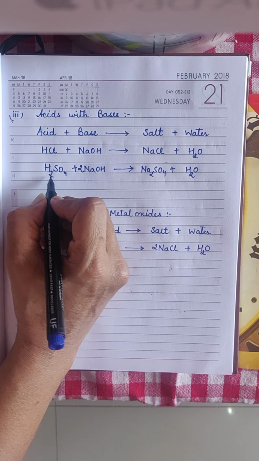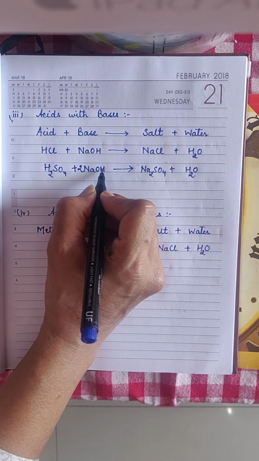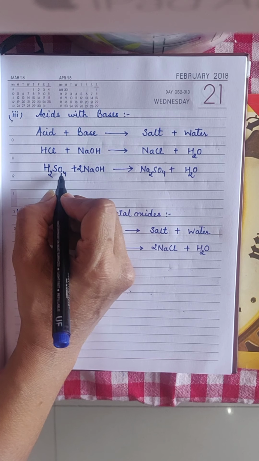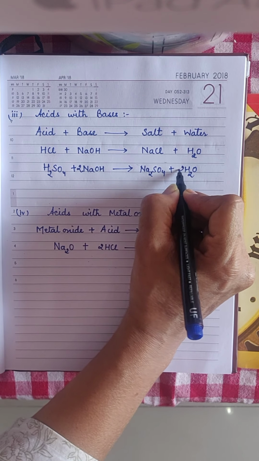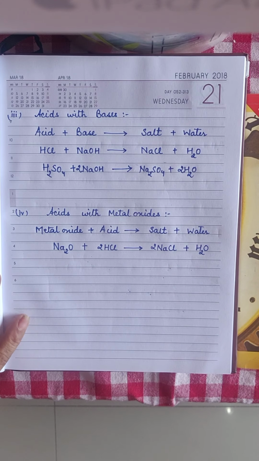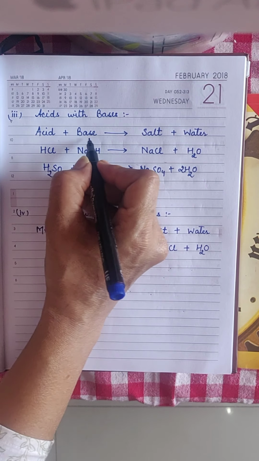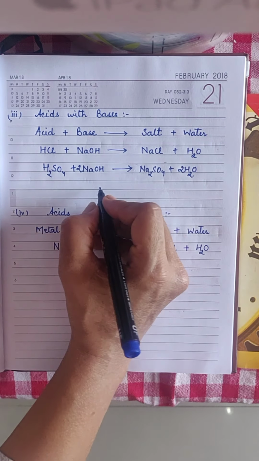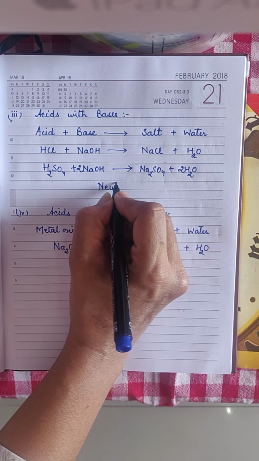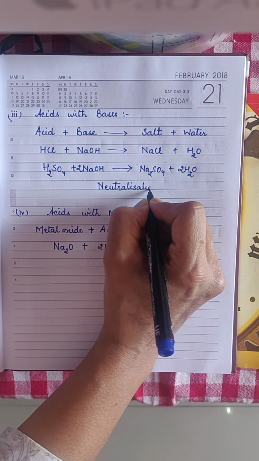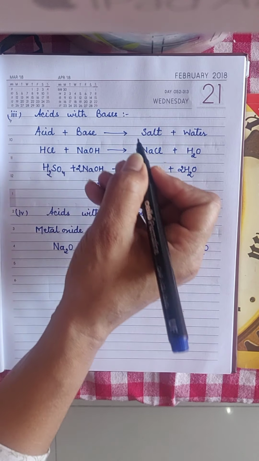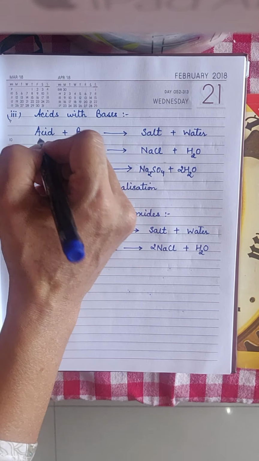Now how many hydrogen? 2 and 2, 4. Only 1 hydrogen. Oxygen 4 and 2, 6. 4 and 1, 5. Now it is balanced. Okay, so acids react with base and they form salt and water. Remember, this reaction is also called neutralization reaction, because acids neutralize the effect of base and base neutralize the effect of acids.